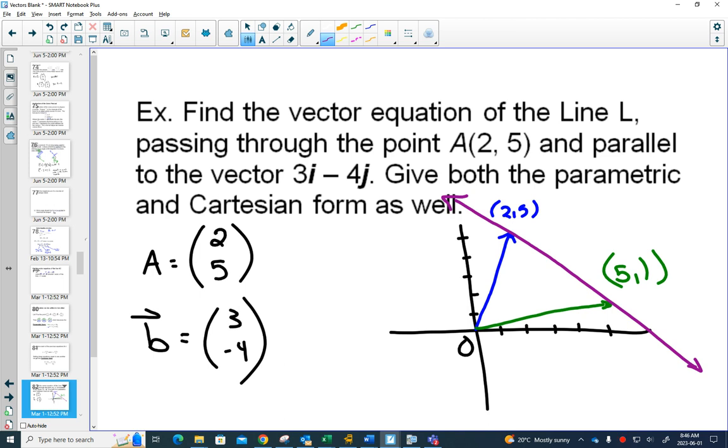The purple one is our line. We know that 2, 5 is on that line. And we know that if we went over 3 from this point, 1, 2, 3, and down 4, 1, 2, 3, 4, we would get to this point 5, 1, and that's another point on our line.